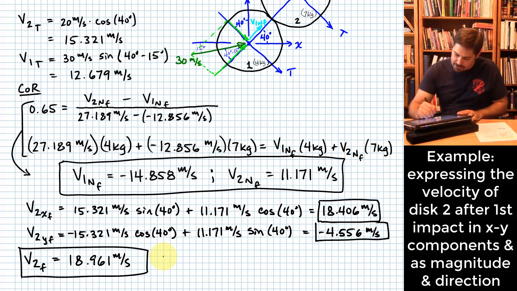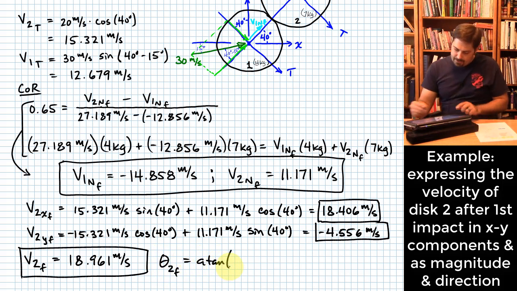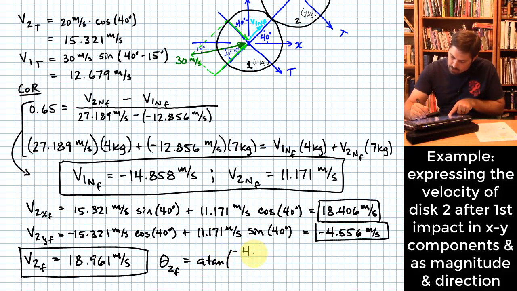And what about the direction? So theta 2 f, again, arctangent of, we'll take the y over the x, so we have minus 4.556 over 18.406.